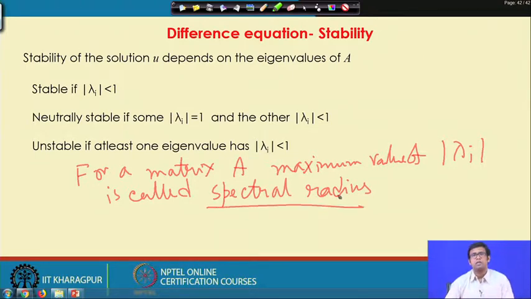If the spectral radius is less than 1, the difference equation will be stable. If it is greater than 1, then the difference equation is unstable. If some lambda is equal to 1, but others are less than 1, then it will be a neutrally stable system.